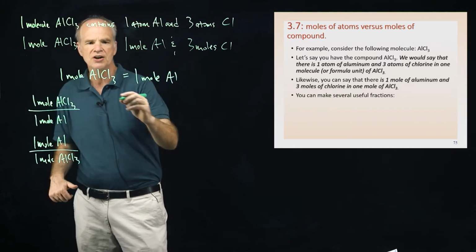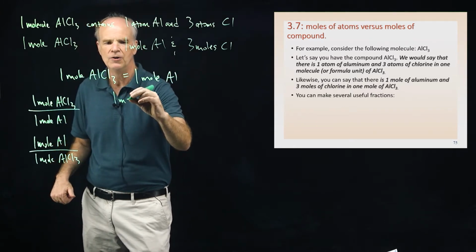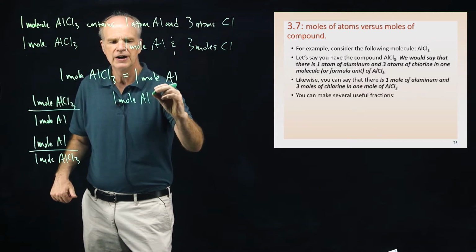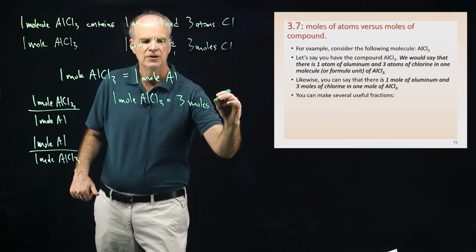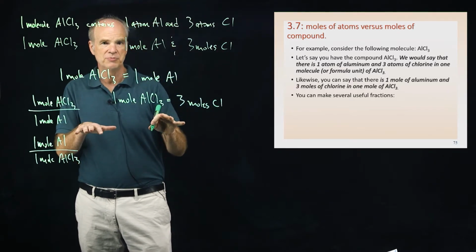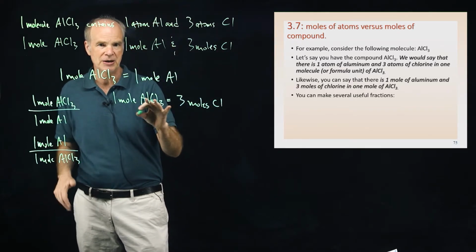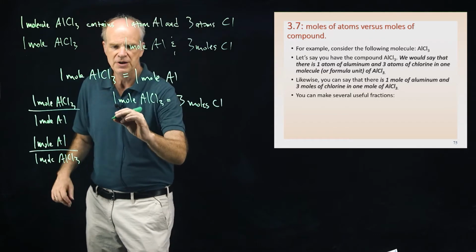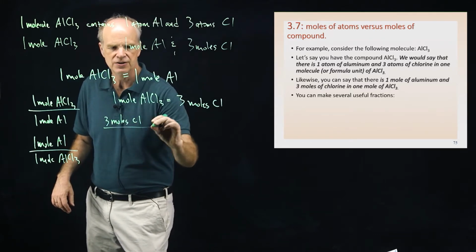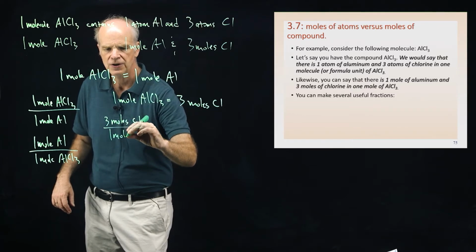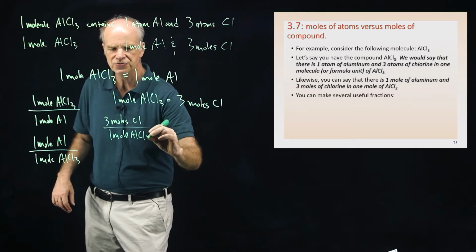You can also say that 1 mole of aluminum chloride is equal to 3 moles of chlorine. I hope you can set up 2 fractions from this. I'll write out one: 3 moles of chlorine over 1 mole of aluminum chloride, and you can just write the reverse fraction.